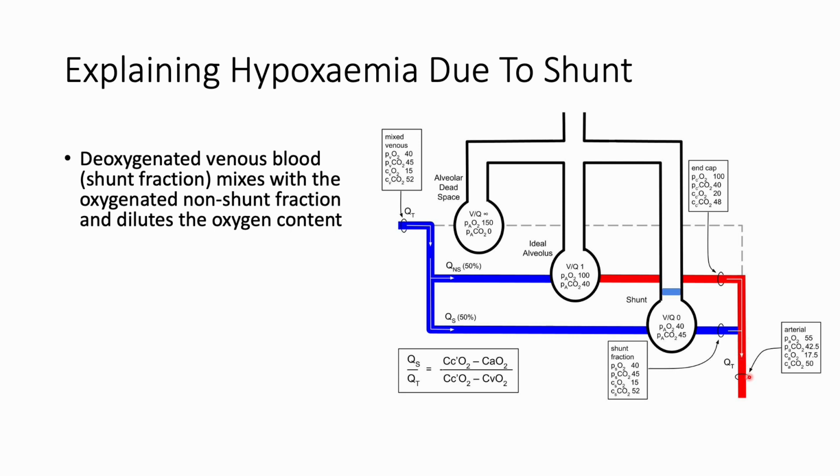Now, if there weren't any shunt present, then the arterial PO2 would simply be the same as what's in pulmonary end capillary blood, which is equilibrated with the ideal alveolar gas, and there would be no difference between the arterial PO2 and the alveolar PO2 as calculated by the alveolar gas equation. But the presence of a shunt would reduce the arterial PO2, and this is why we say that the A-a gradient gives us an index of how much shunt is present.